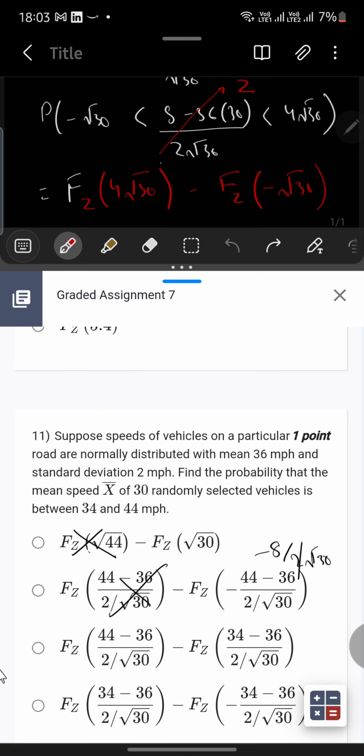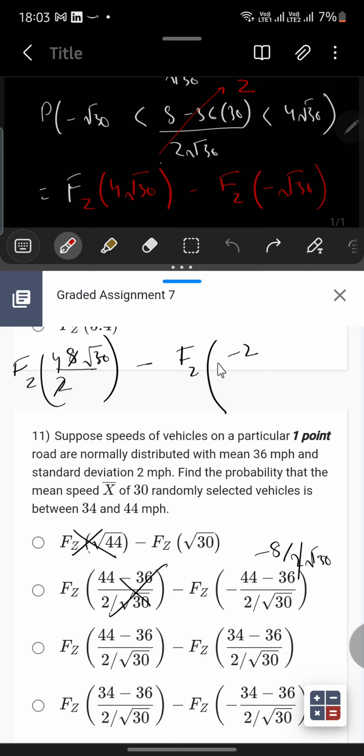Next is the C option, it would be 8 upon 2 root 30, which is 4 root 30, F of Z, right? Minus F of Z, minus 2 upon 2 root 30.